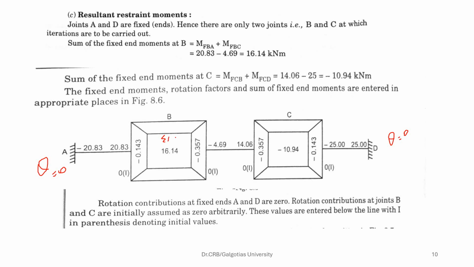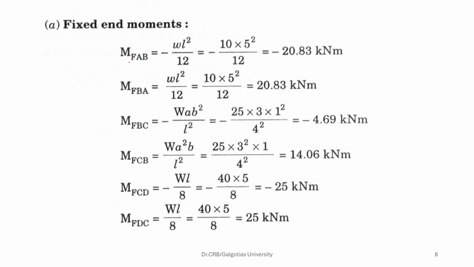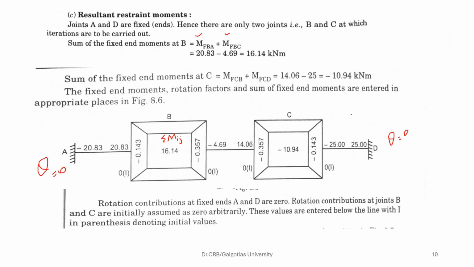So this is summation of M ij. So that is nothing but MFBA plus MFBC. These are the fixed moments calculated in the previous step. So you have calculated MFBA and also MFBC. So this is MFBA and this is MFBC. Now you add these two and substitute it here.